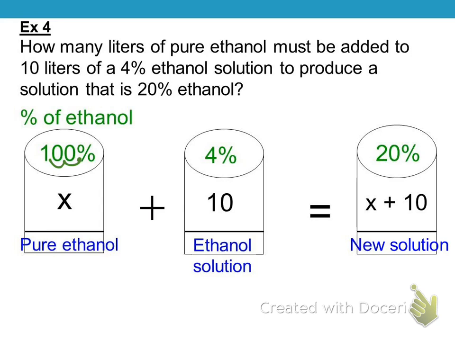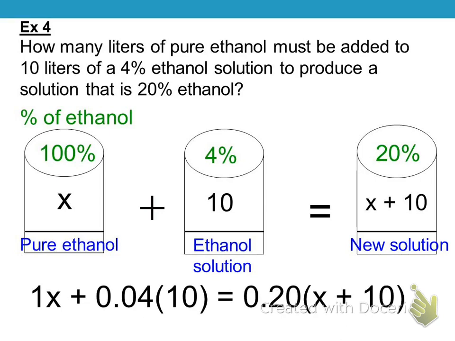So it's 1x plus, what's 4% as a decimal? 0.04 times 10. And in the back, what's 20% as a decimal? 0.2, and then that needs parentheses around it. So our equation looks like that.